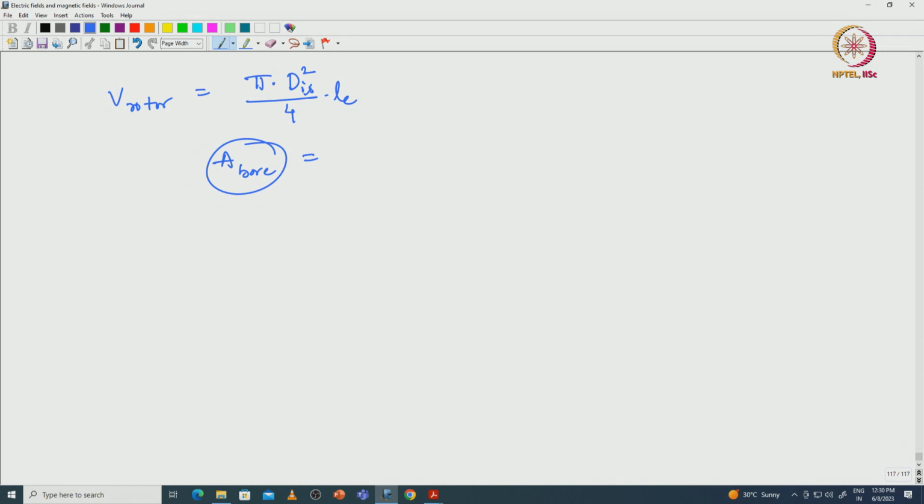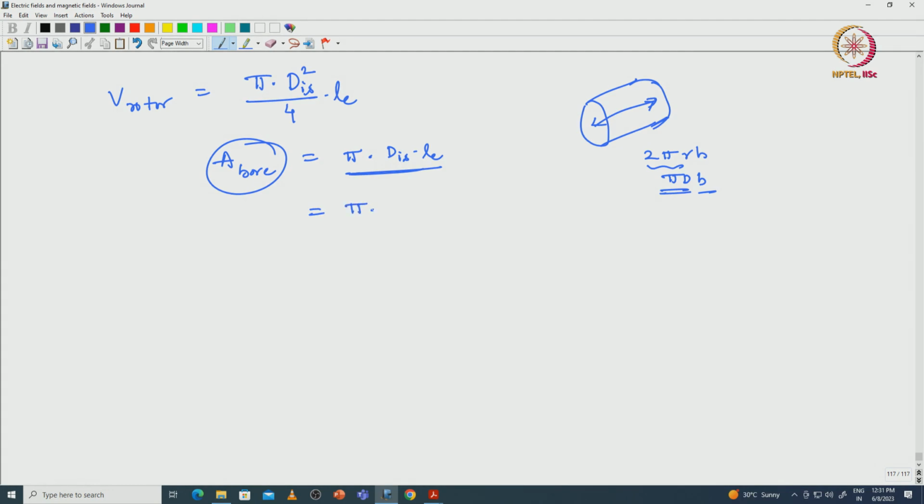So, area of the bore is nothing but pi into DIS into LE, it is a simple hollow cylinder. Hollow cylinder area is nothing but 2 pi r h, right. Here pi into r is nothing but pi into d, pi d is nothing but pi into dis, and h is nothing but the length from this point to this point.